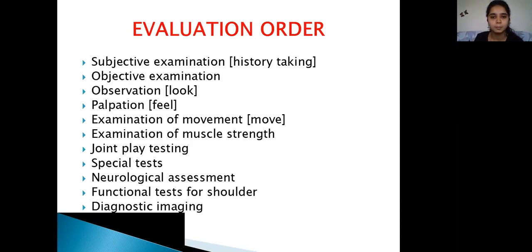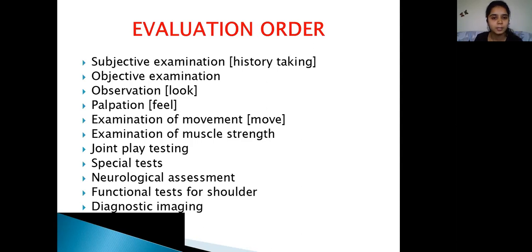So the steps for history taking include name, age, occupation, gender, dominance, chief complaint, history of present illness, etc. In case of age, it's very important to take because, for example, in shoulder conditions, in rotator cuff tear the age may vary, but in rotator cuff degeneration, it will be around 45 years to 60 years. In case of adhesive capsulitis, it will be from 40 years to 60 years.